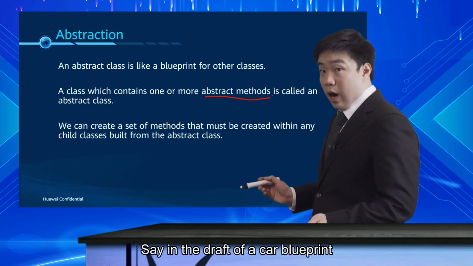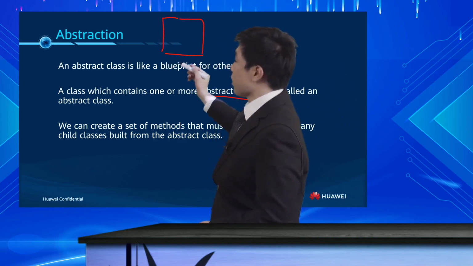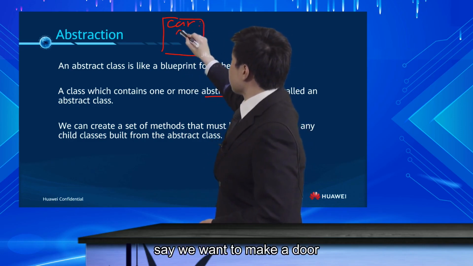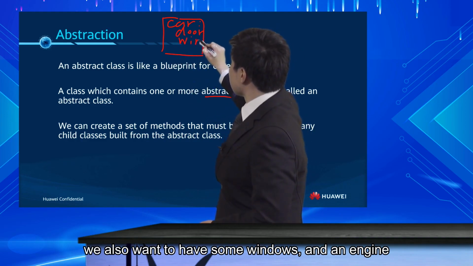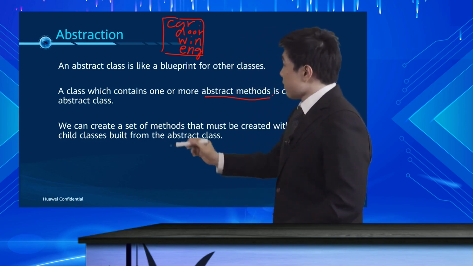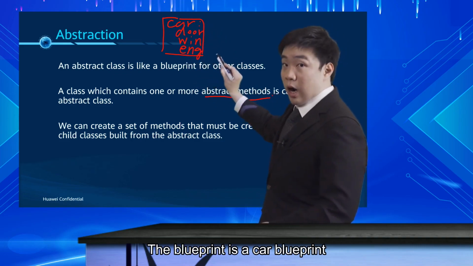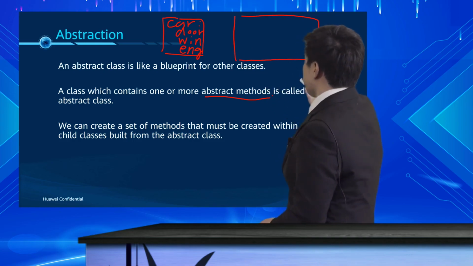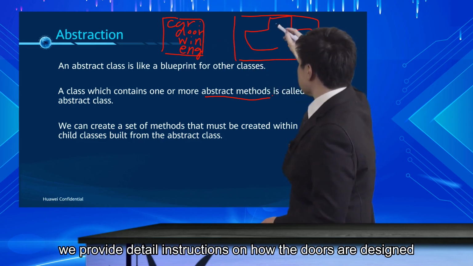Say in the draft of a car blueprint, let's say we want to make a door. We also want to have some windows and an engine. This is the abstract class, the blueprint of the car blueprint. And in our car blueprint, we provide detailed instructions on how the doors are designed.